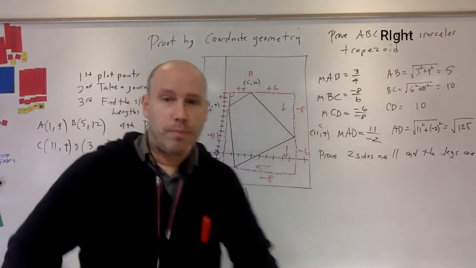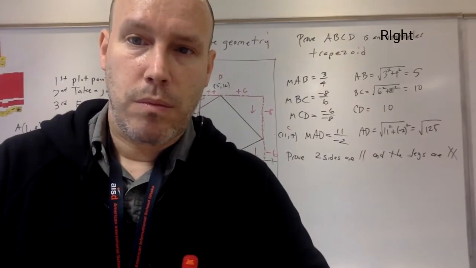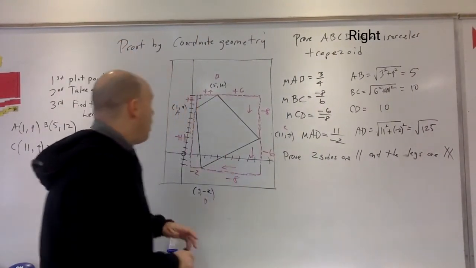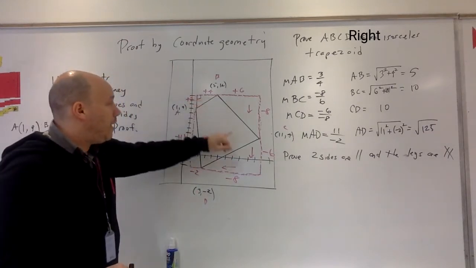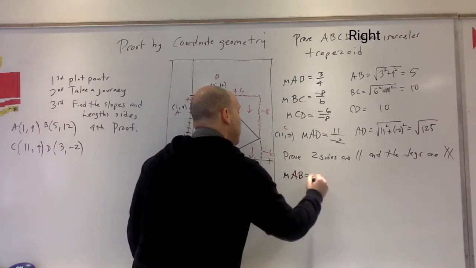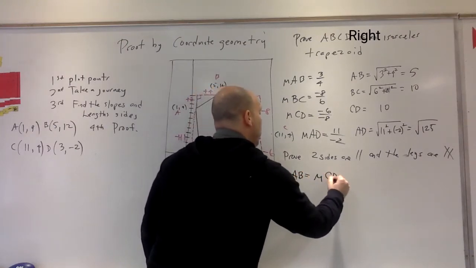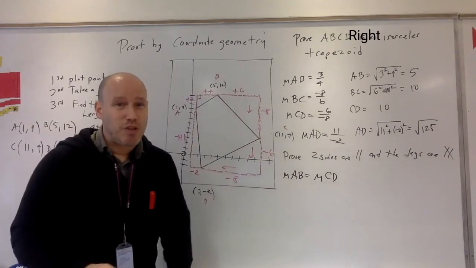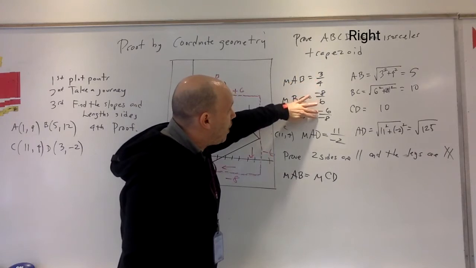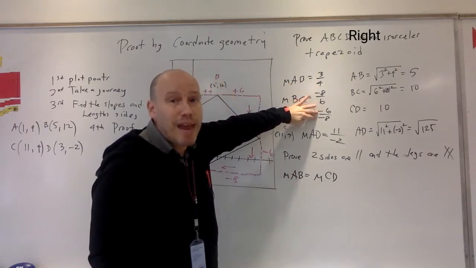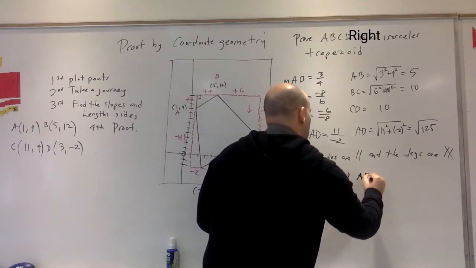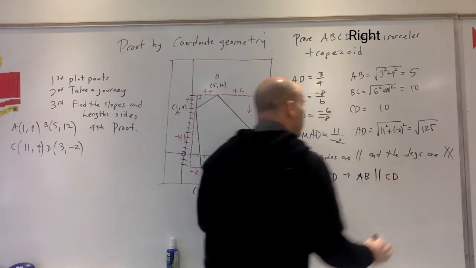So my first statement: the slope of AB is equal to the slope of CD. Now, I'm expecting you, because you're advanced math students, to recognize that 3/4 is equivalent to -6 over -8. Therefore, AB is parallel to CD.